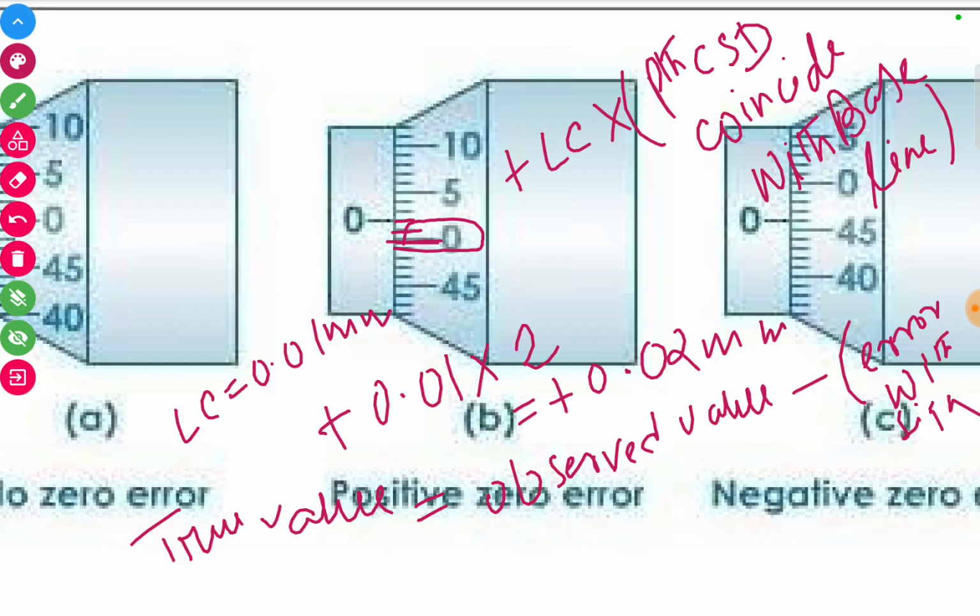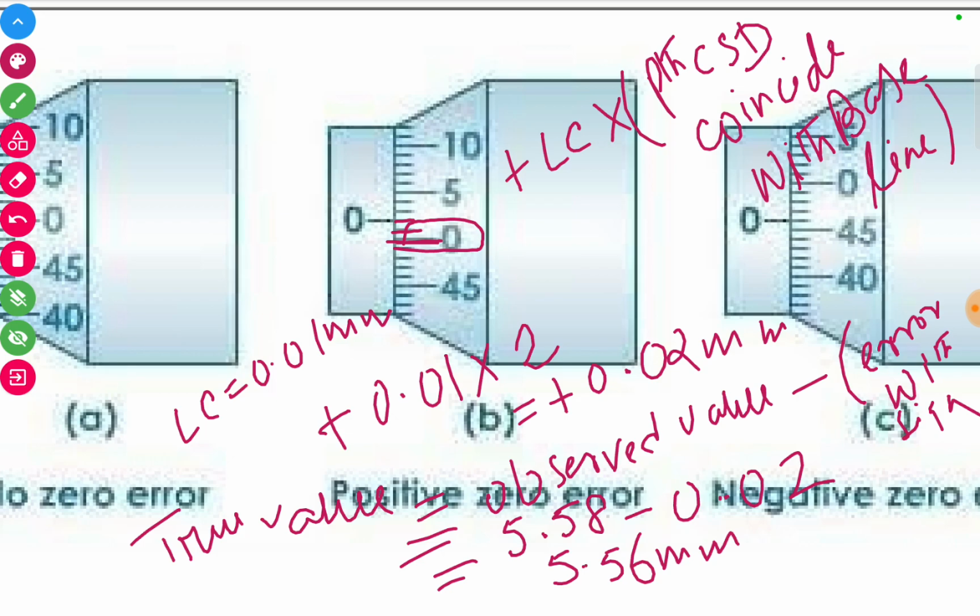In this case it is a positive zero error. Already the observed value was 5.58. If there was a positive zero error, then we have to subtract this error, minus 0.02. So it comes out to be 5.56 millimeter.